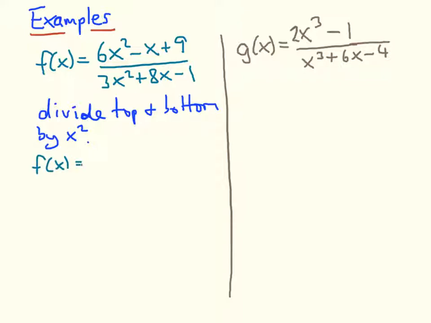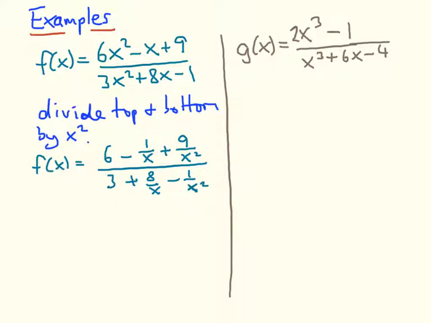If we divide the top and the bottom by the same thing, this is still f of x. So we get f of x is equal to, and now if I divide 6x squared by x squared, I get 6. The next term I have minus 1 over x, and then the next term I have plus 9 over x squared. And on the bottom I have 3 plus 8 over x minus 1 over x squared.